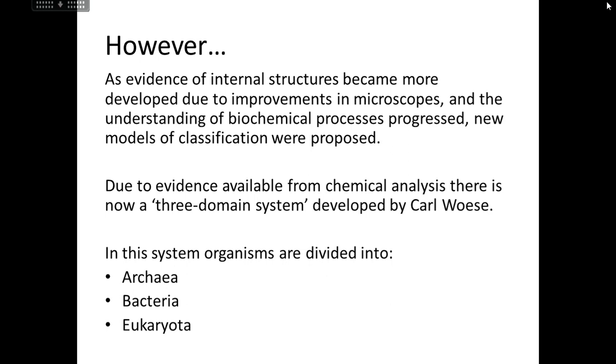He was then able to come up with a three-domain system. So rather than five main kingdoms, he's got three domains that everything falls into. These three categories that the system uses are archaea, bacteria, and eukaryota.